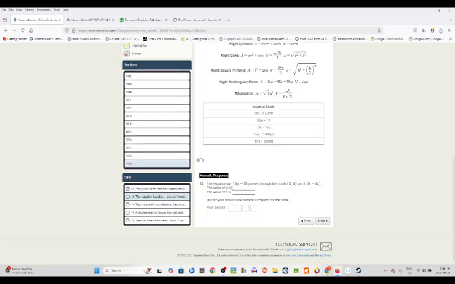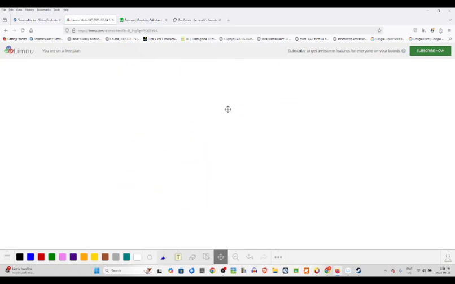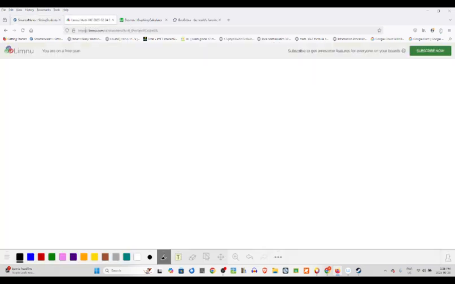So the equation ax plus by equals 26 passes through the points 3, 5 and 10, negative 44. So how do we solve that? Well, that gives us our linear system. If it goes through x equals 3 and y equals 5, then we have 3a plus 5b equals 26.